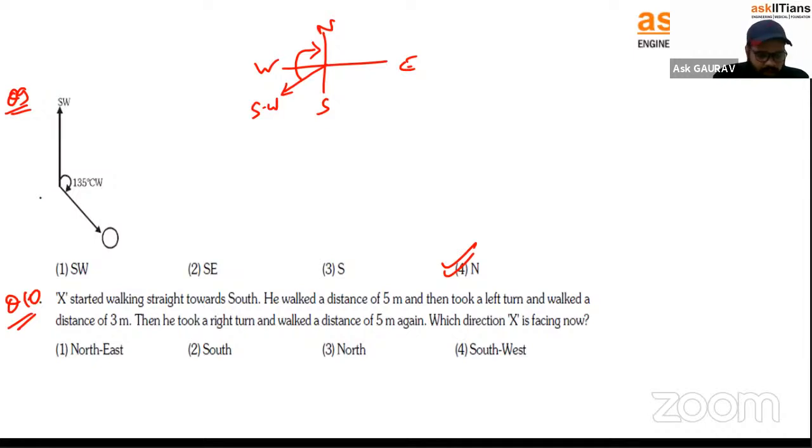Do the question number 10. X started walking straight towards south.